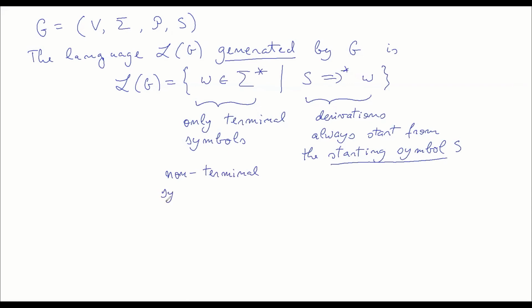So the non-terminal symbols, really you should think about them as sort of intermediary symbols that are going to help you on the way from the starting symbol to the word that you want to generate. So in some sense they are really helpers, but in the end you only want words over your terminal symbols. So sigma is really the alphabet that you are interested in terms of the words that you are generating.